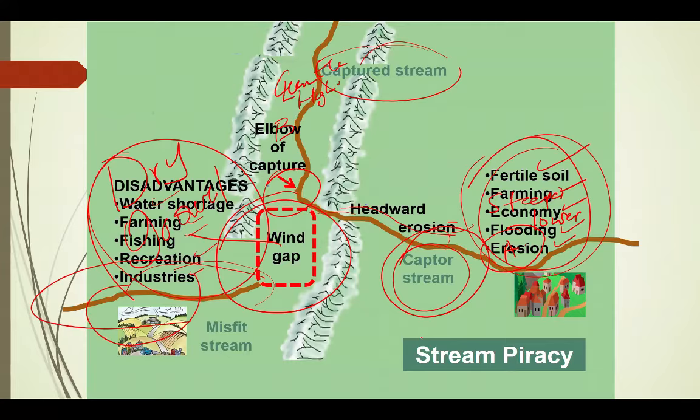Vertical erosion increases. There is a higher volume of water, like I said. But when you look at the stream that has lost water or that has been captured, there's going to be less volume of water. Because of less volume of water, there is less erosion and more deposition.